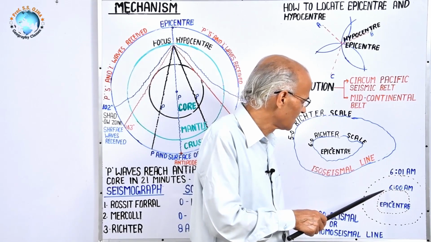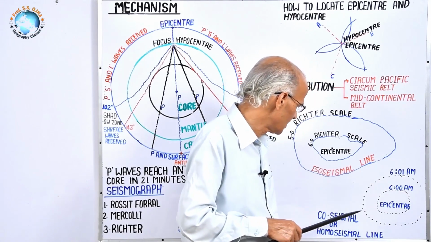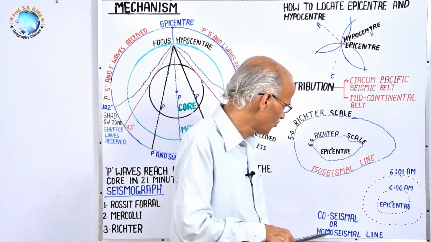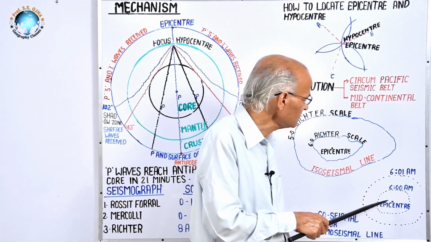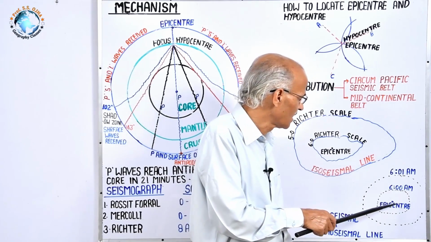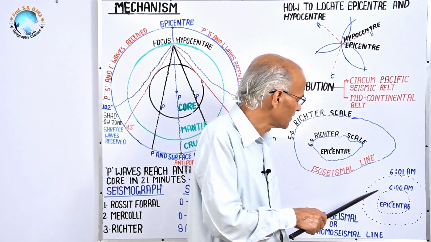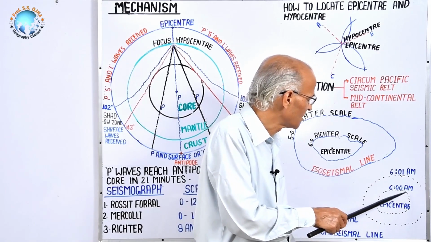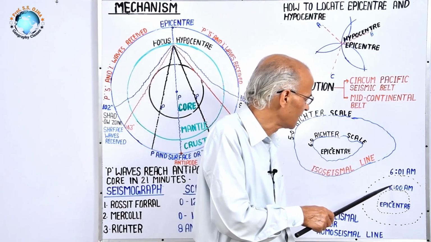experiencing the earthquake at the same time, that will be called coseismal or homoseismal line. Suppose this is epicenter and earthquake occurred here first, and there are several points surrounding it where earthquake was noticed at 6 am.